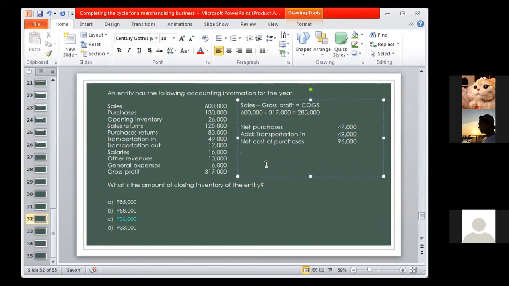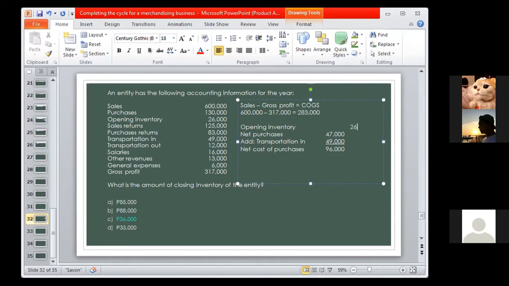Punta naman tayo dito. Meron tayong opening inventory, so i-add na lang natin yan. Ito dapat yung nasa taas, lagay natin dito sa taas, opening inventory. Magkano yun?